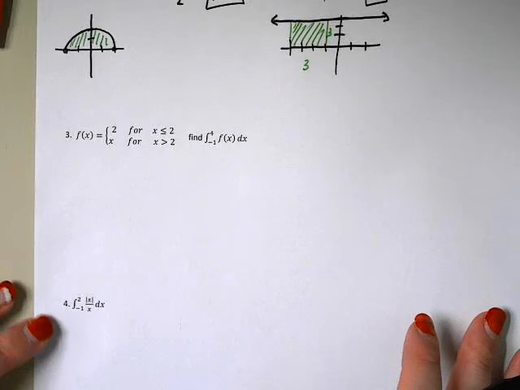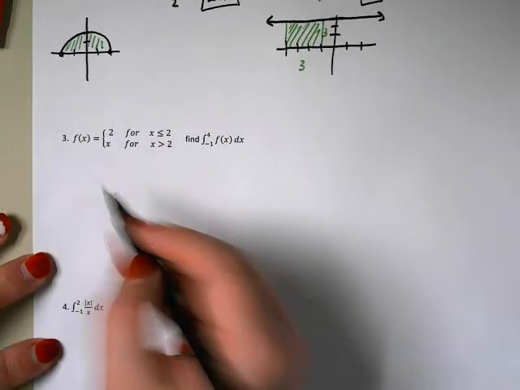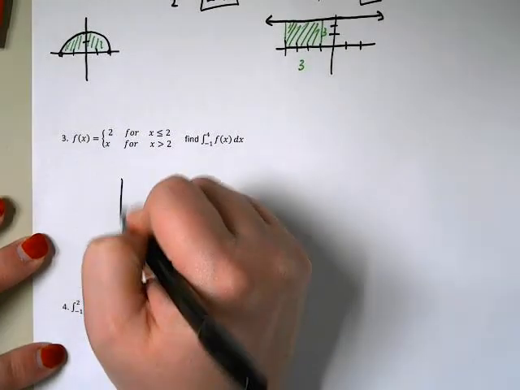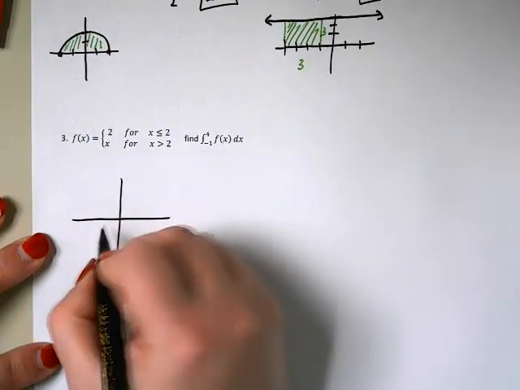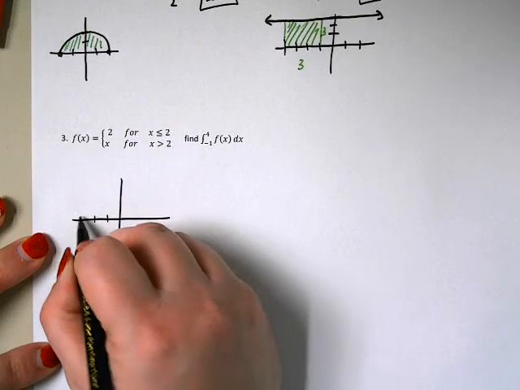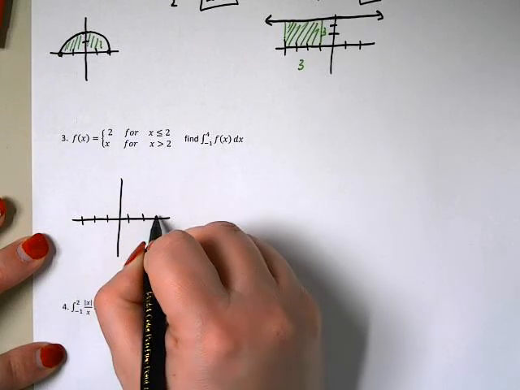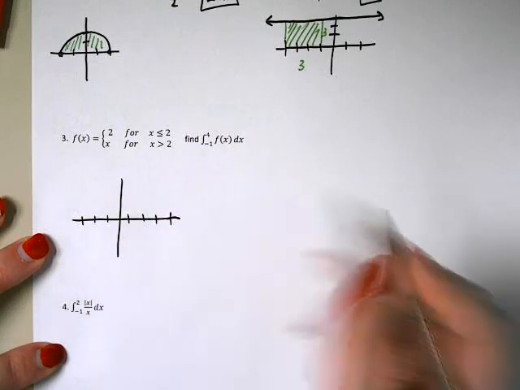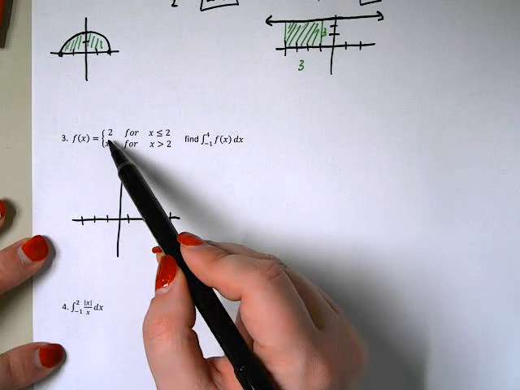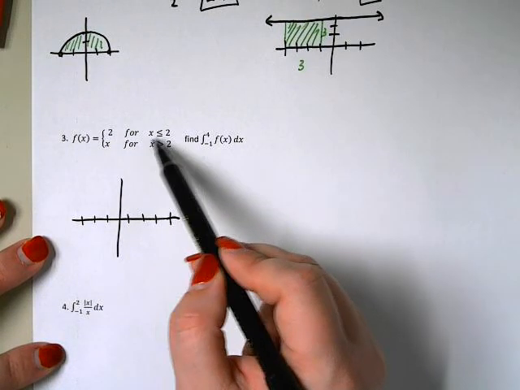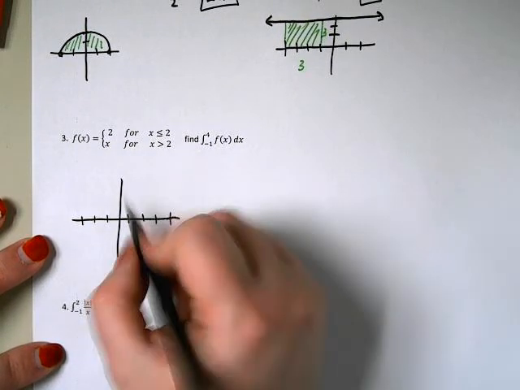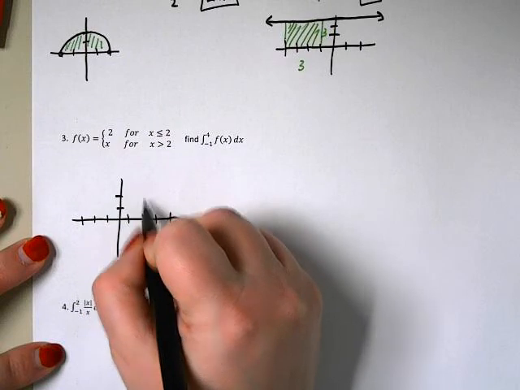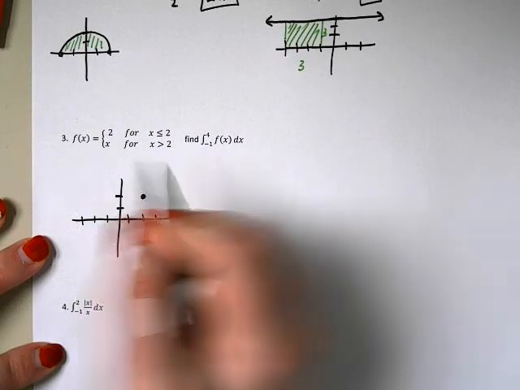Question 3, we have a piecewise function. So let's draw ourselves this piecewise. All right, so it's a constant function for x less than or equal to 2. So at 2, it's equal to 2. I'm going here.